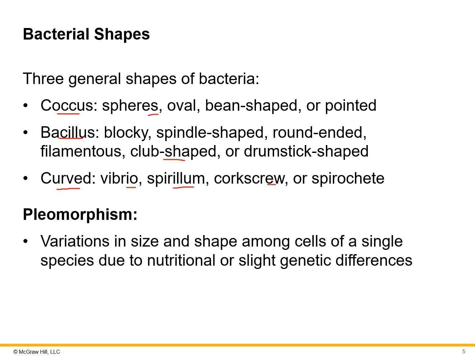So essentially round, rod-like, or curved are the main shapes. Some are pleomorphic, which just means they can have a variation in size and shape. So it's a bacterial cell that's not always coccus or not always bacillus. It can be multiple different shapes. They change shape based on genetic differences or different nutrition that they have.